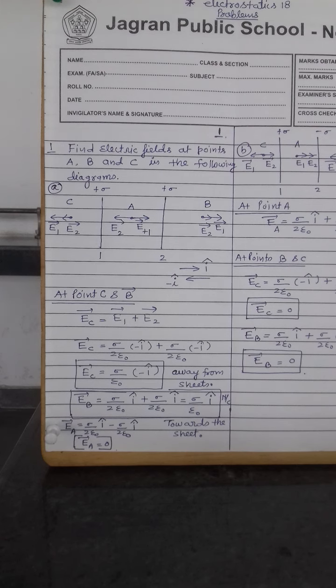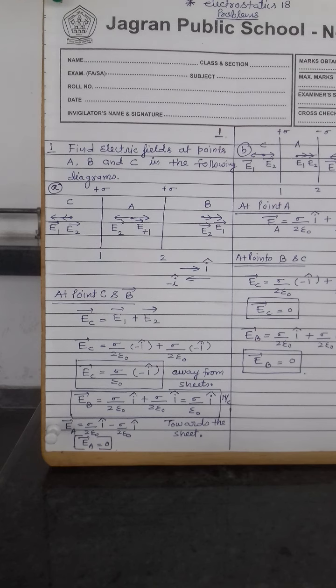Now the electric field at point A, which is the intermediate point between plate first and plate second, you can see in the diagram that both fields are opposite to each other. Due to the plate first electric field at point A, E1 is away from the sheet, okay, and electric field due to the plate second at point A is away from the sheet 2.